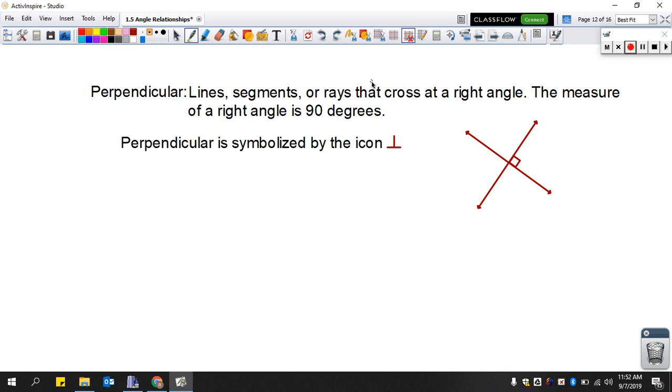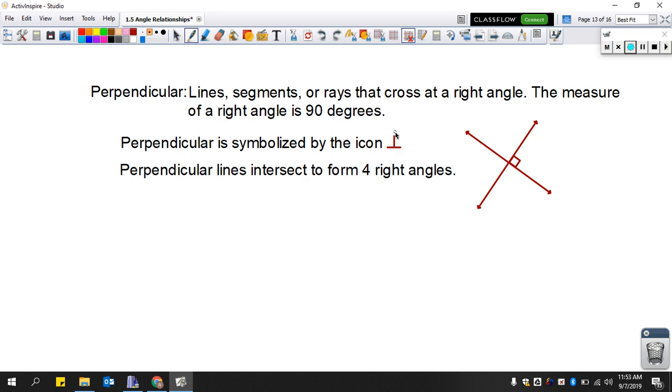And if lines are perpendicular, they're symbolized by this icon right here that looks like an upside down T. So if you see that icon, you know that those lines are perpendicular.